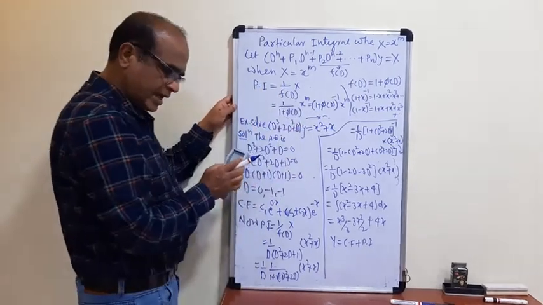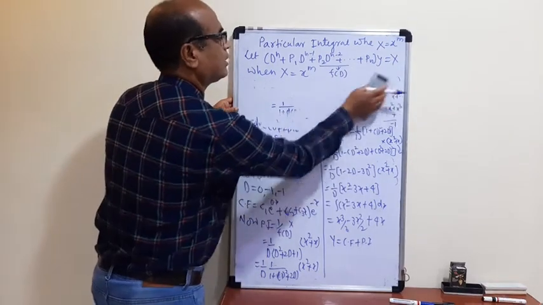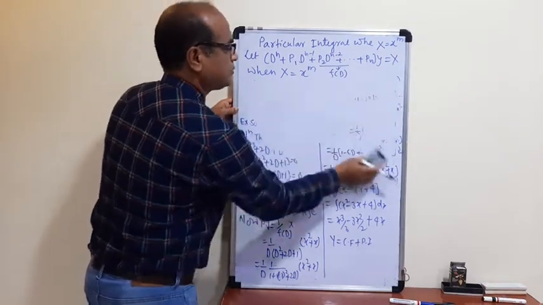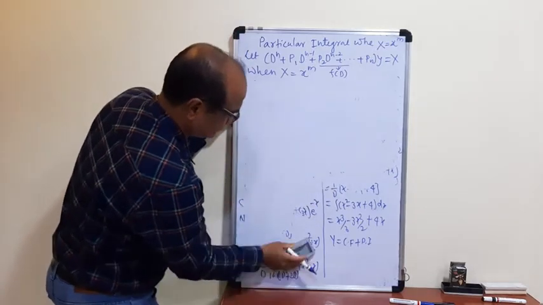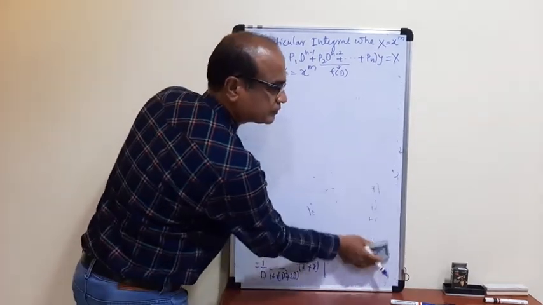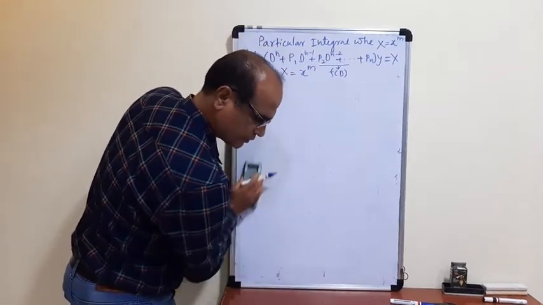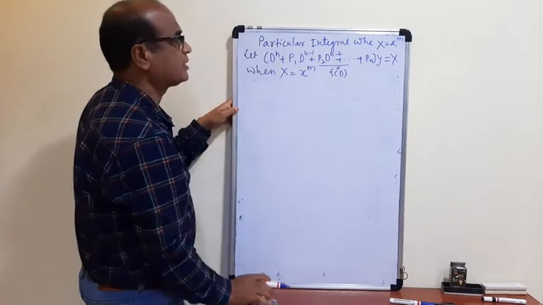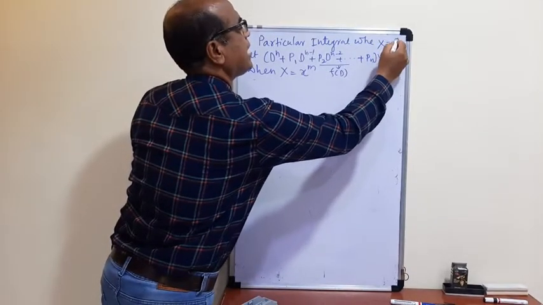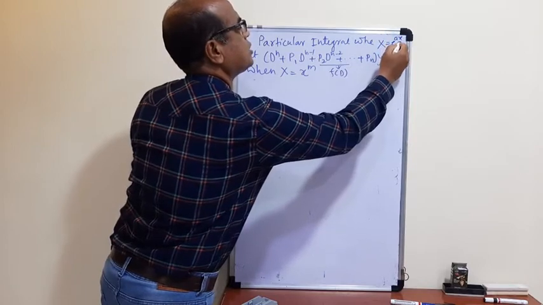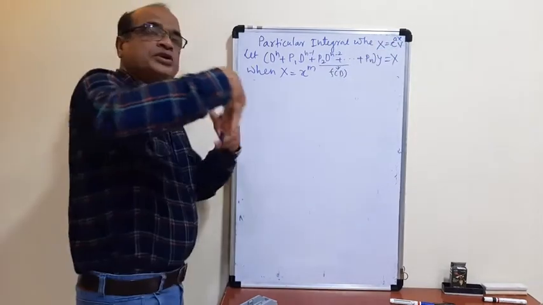Okay, so we take another type to find the particular integral. So the next part is X is equal to e raised to ax into V, where V is a function of x.